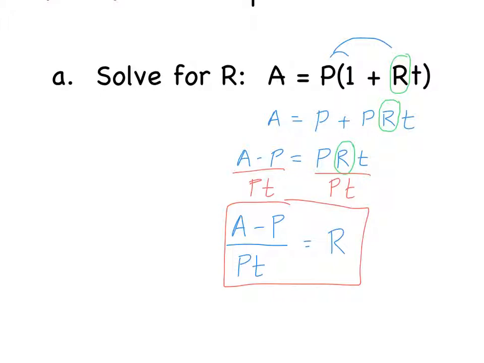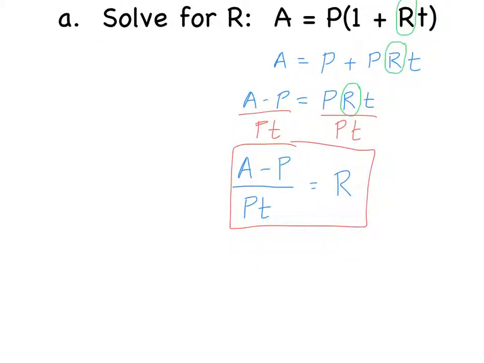The other method that we can do, and I'll write it down here, is initially divide everything by p. If we divide both sides by p, we would have A over p is equal to 1 plus r times t.